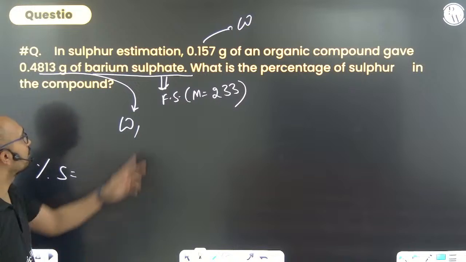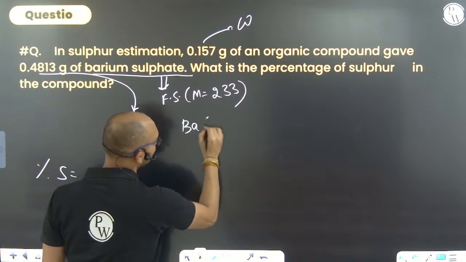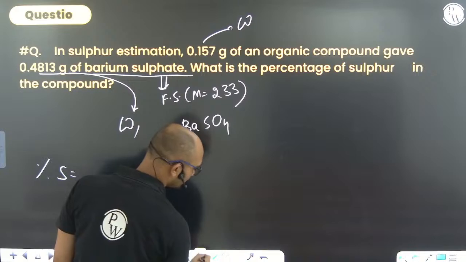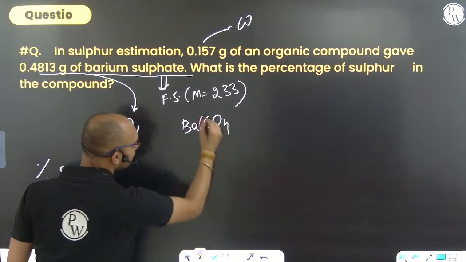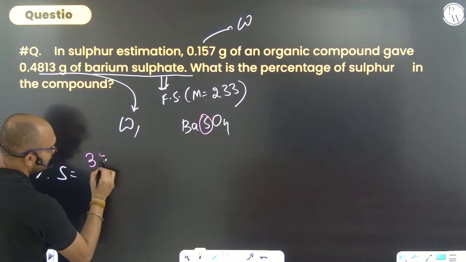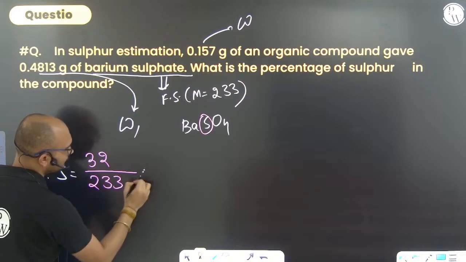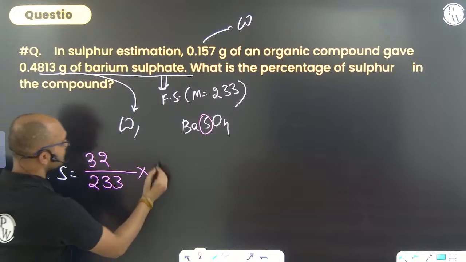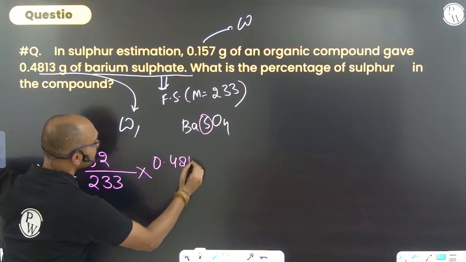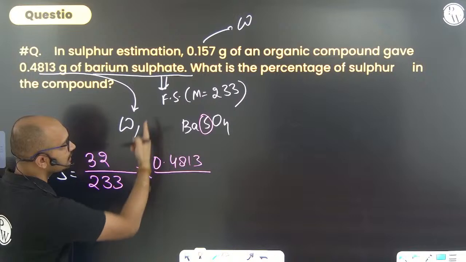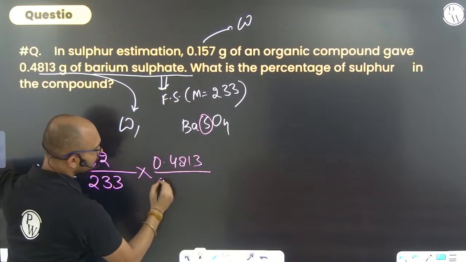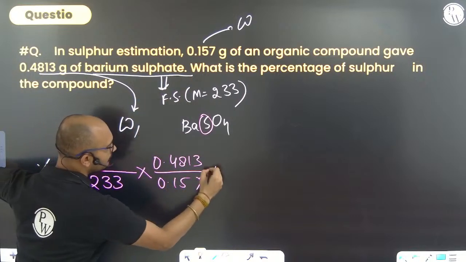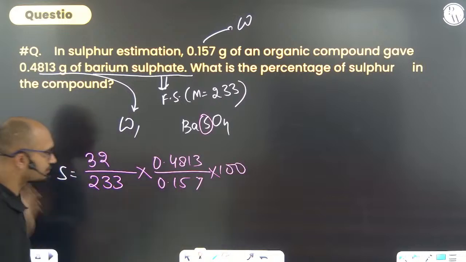In BaSO4, there is one sulfur, and one sulfur has a mass of 32. So 32 divided by 233 multiplied by the mass of the final substance, 0.4813, divided by the mass of the organic compound, 0.157, multiplied by 100. That is the formula. Use these things, get the answer.